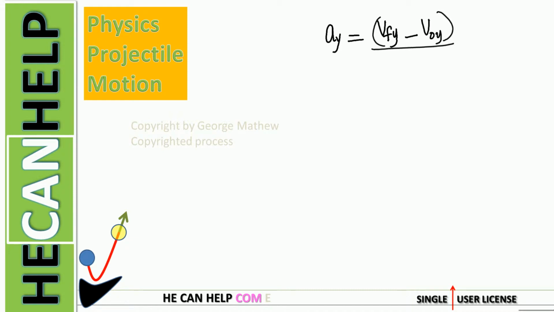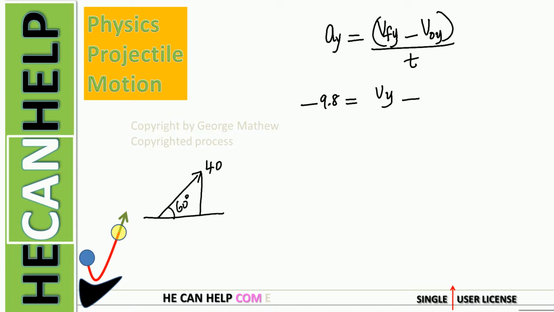The acceleration along the vertical is negative 9.8. We don't know what the final velocity along the vertical is. We know the magnitude of the initial velocity vector, and that's 40 meters per second.